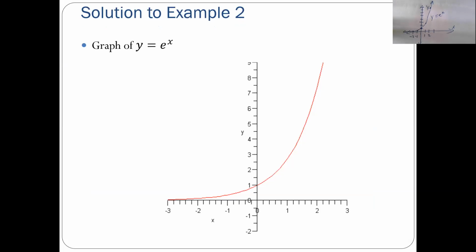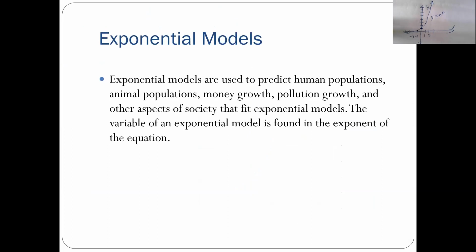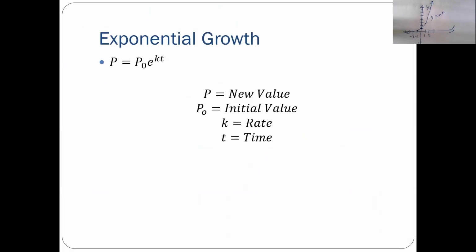I'm going to talk about exponential growth next, which will be number 3. The idea of exponential growth is we start out with an initial value, and what happens is that it will grow and then we'll predict the final value.